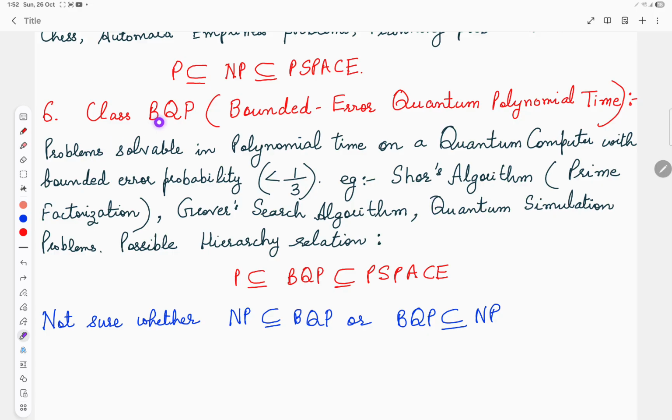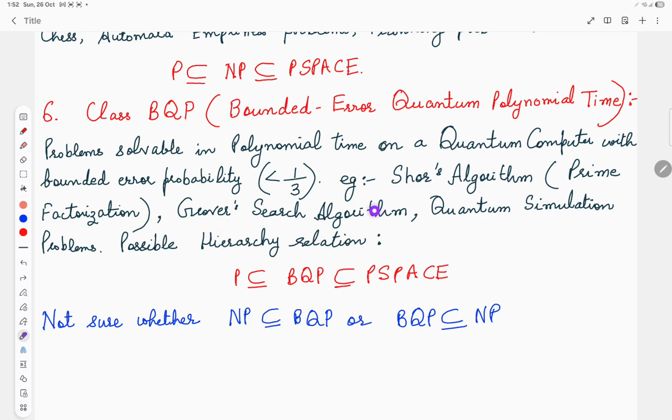That class is known as BQP. For example, Shor's algorithm. Shor's algorithm is related to prime factorization, in which it is not feasible to find the factors of a large composite number classically, but using the quantum approach, we are able to find the factors of the composite number in polynomial time.